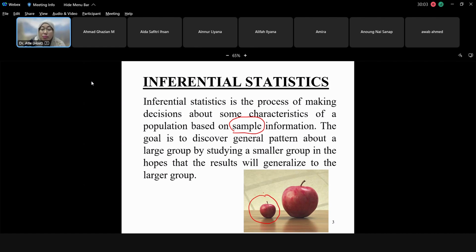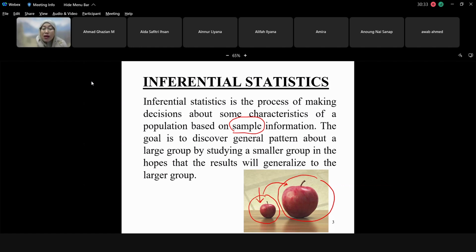And then we hope that whatever results we get from here will describe the big apple, so the mother or the father of the apple. So if you find out in your sample that the apple is red, it means that we can also conclude that the large apple is also red.